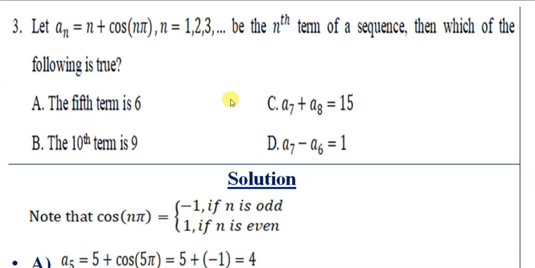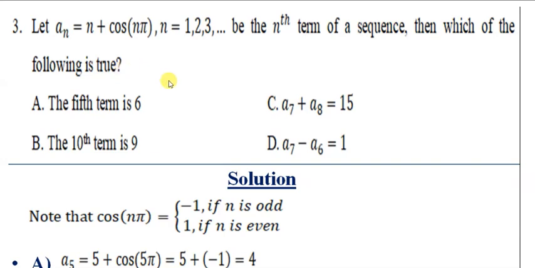Question number 3, as you can see here, says: let an is equal to n plus cosine n pi, where n is equal to 1, 2, 3, and so on, be the nth term of a sequence. Then which of the following is true?